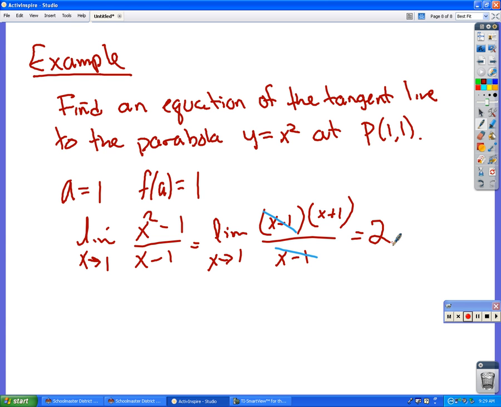So that means the slope of my tangent line to this parabola at this point is equal to 2. Now I have the slope and a point, and I do the old y minus 1 equals 2 times x minus 1 all over again. So, piece of cake, right? Calculus is so easy.